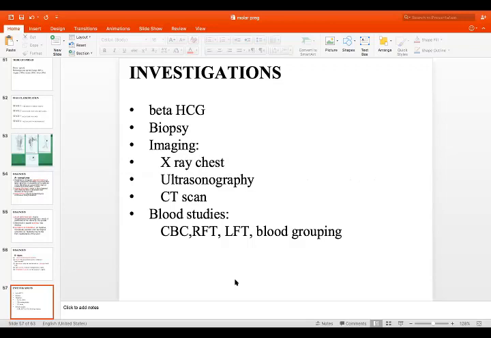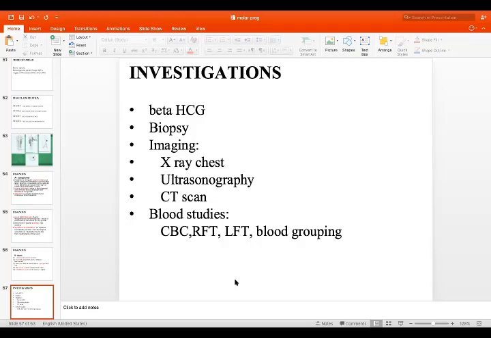So there are certain investigations which should be done, starting with HCG. Biopsy of the mass: if it is a vaginal mass, then we have to take the biopsy. Imaging techniques include X-ray for pulmonary metastasis and ultrasonography and CT scan for distant metastasis.